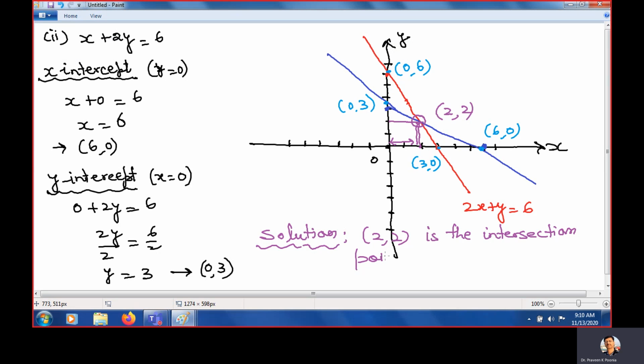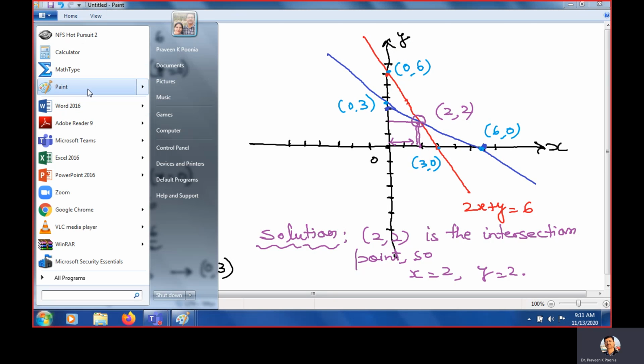So x equals 2 and y equals 2 is the solution. Clear? So we need to find the point where the two lines intersect. That is the solution.